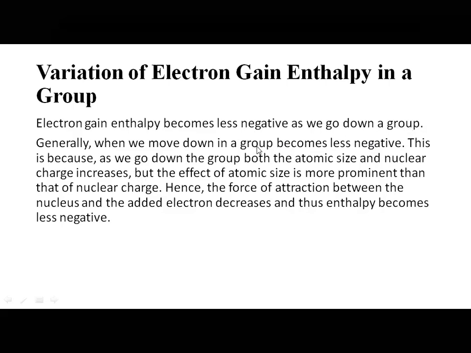This is because as we go down the group, the atomic size increases, the atom becomes bigger, and nuclear charge also increases, but the effect of larger atomic size is more prominent than that of nuclear charge. Hence, the force of attraction between the nucleus and the incoming, added electron decreases. And the enthalpy becomes less negative.